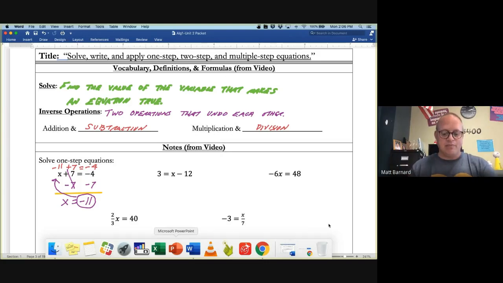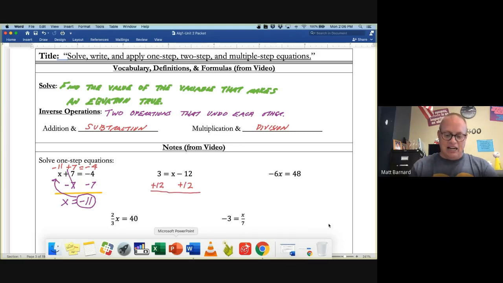Here's our next one. Now notice on the middle one here that we have an x on the right side of the equation. Doesn't matter where the x is, if it's left or right. So I need to get rid of the negative 12 that's with the x. And so I'm going to undo that by adding 12 to both sides. So I'll do it to the left side and the right side.